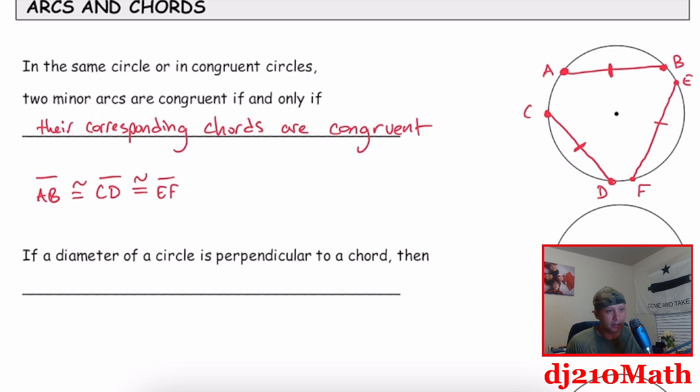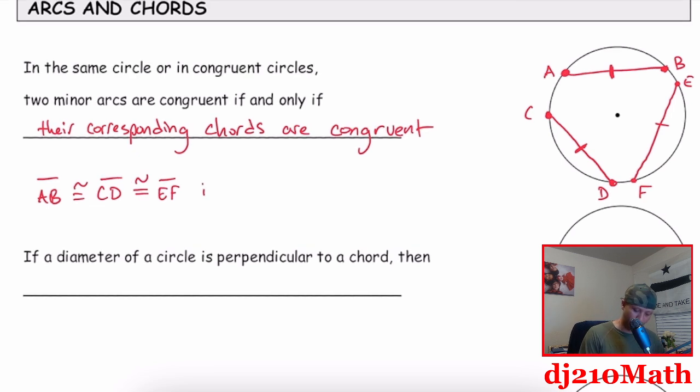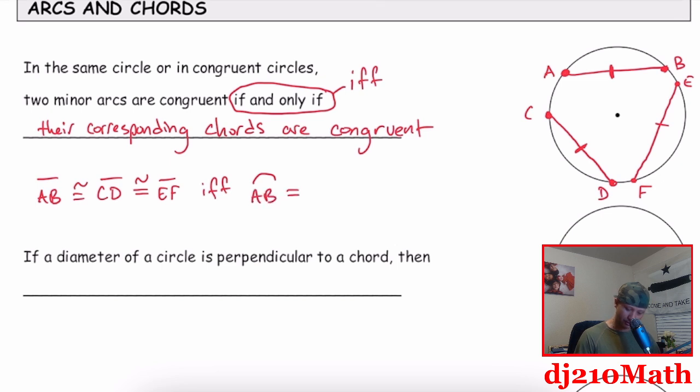If this is true, these are all congruent if and only if, this is the shorthand for if and only if, arc AB is congruent to arc CD is congruent to arc EF.